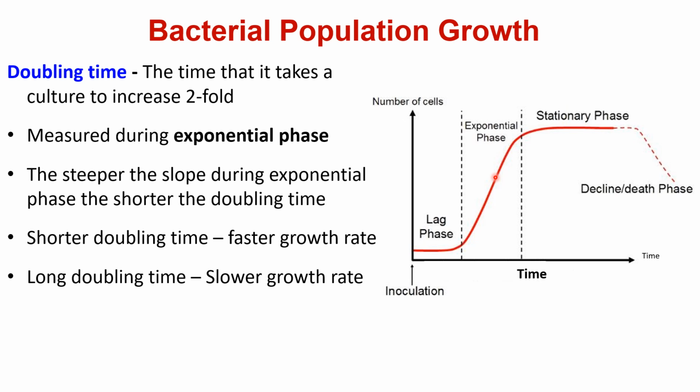They will have different doubling times naturally. Then there can be different environmental factors which may cause them to speed up or slow down. And you can easily look at the slope to get an idea. So here, a steeper slope during exponential phase means that there's a shorter doubling time. So if there's a shorter doubling time, the cells are actually growing faster. A longer doubling time means that they are growing much more slowly.